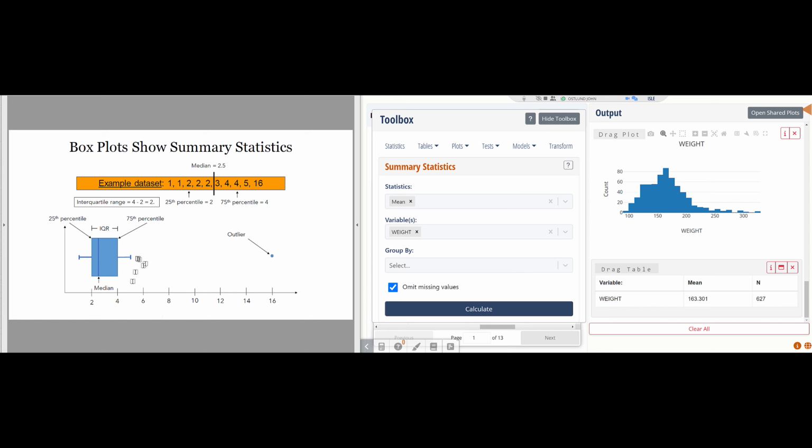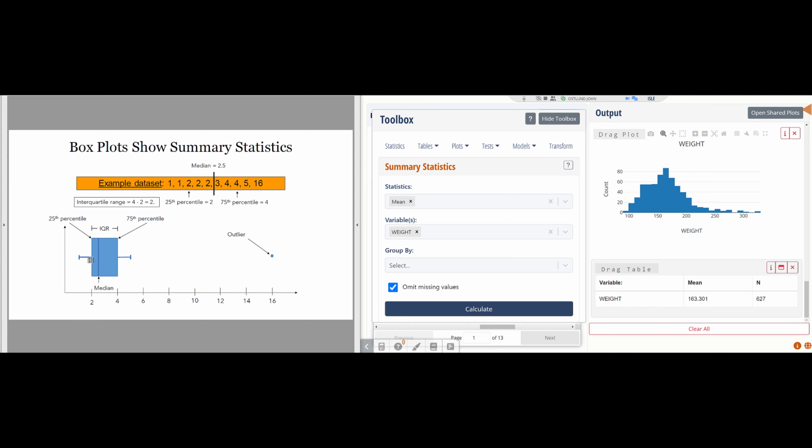Now, we can draw that interquartile range by drawing a box. Whoops, getting my highlighting goofed up here. So the box here starts at 2 and goes up to 4. That is the interquartile range for these weights.